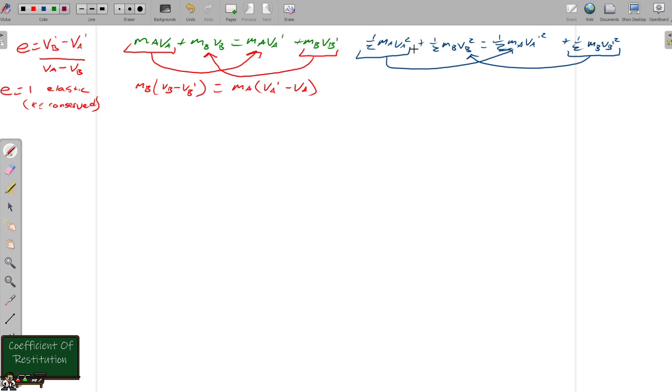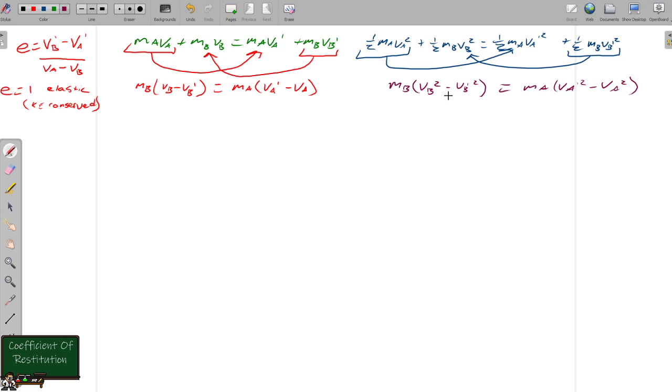And one other thing that I'm going to do here, since there's a 1/2 on each of these, I can divide out that 1/2, dividing the whole thing by 1/2 to get rid of it. So what that's going to look like then is MB (VB squared minus VB prime squared), and that's equal to MA (VA prime squared minus VA squared).